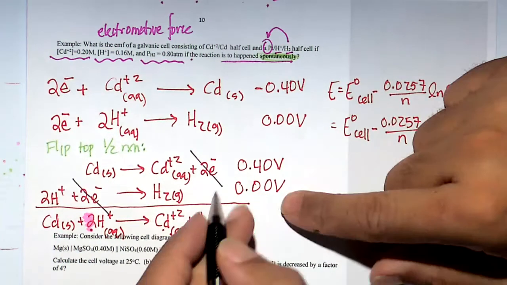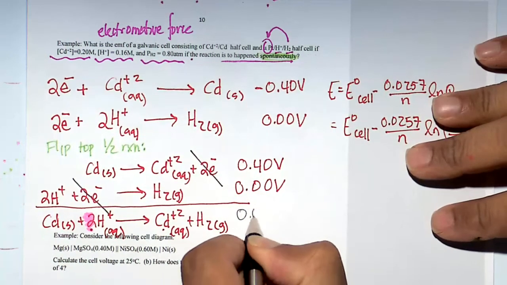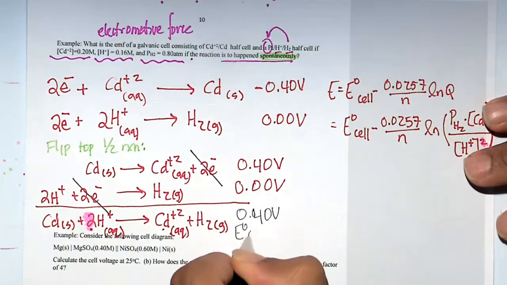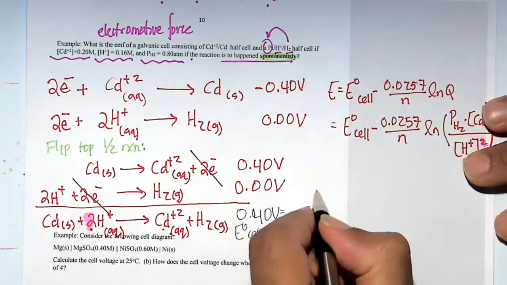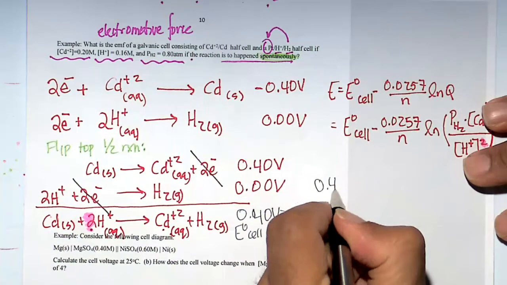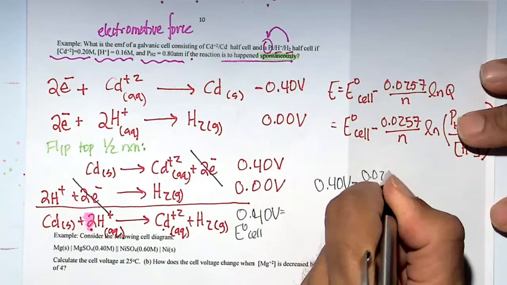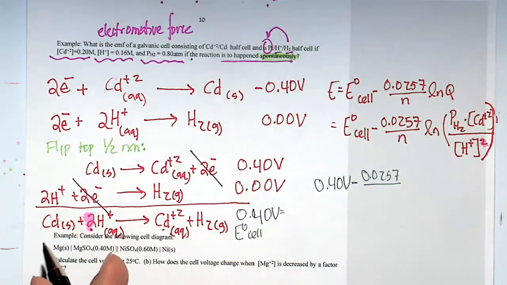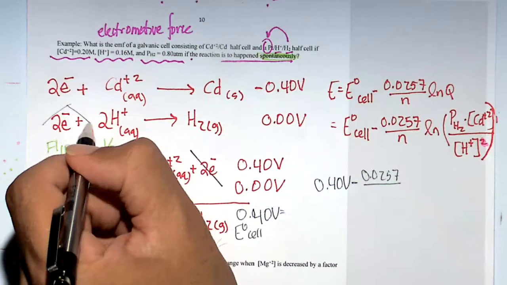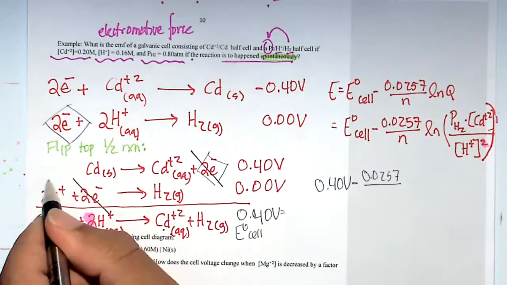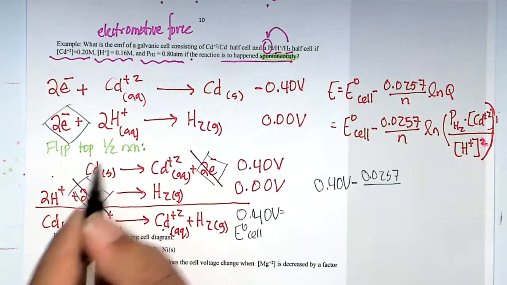All right, our E cell we just calculated here is 0.40 volts. So 0.40 volts minus 0.0257. How many electrons are being transferred here? 2, right?